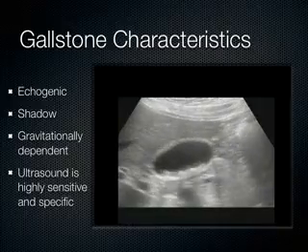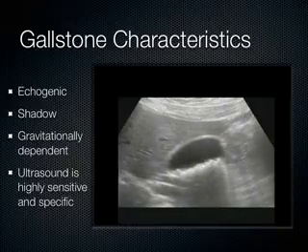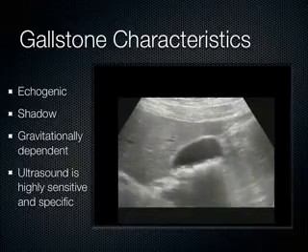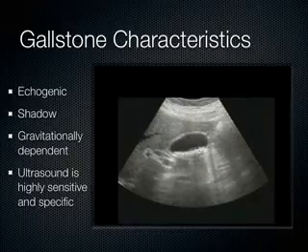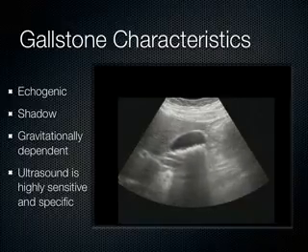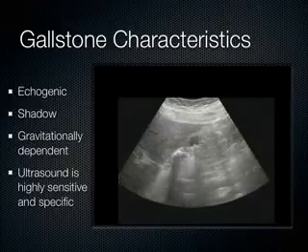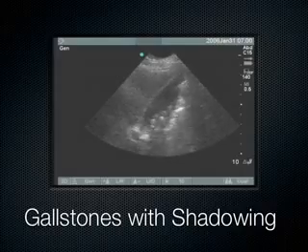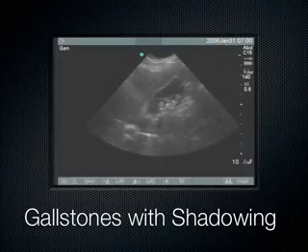And for these reasons, ultrasound has very, very good test characteristics, better than CT scan for gallstones. A CT scan could miss the gallstone altogether with the cut. It happens all the time, very frequently. And so ultrasound here is really the gold standard. This is just what some gallstones look like with some shadowing here. Another example here, some gallstones with some shadowing.